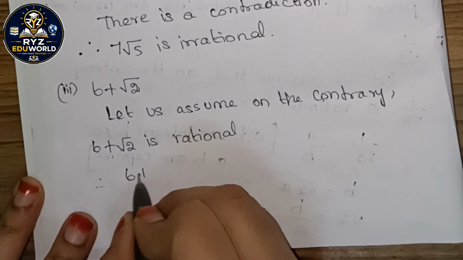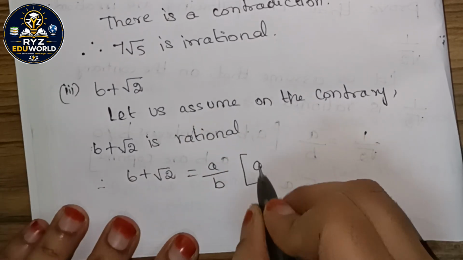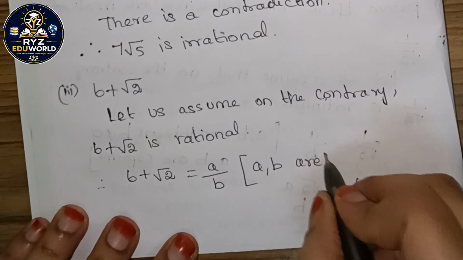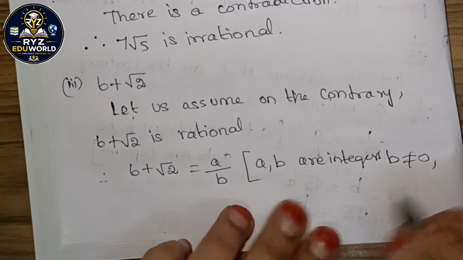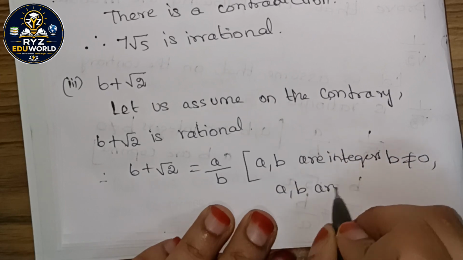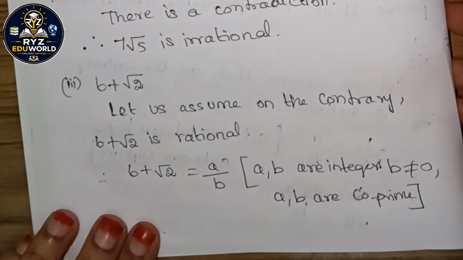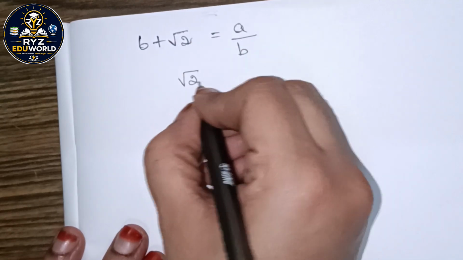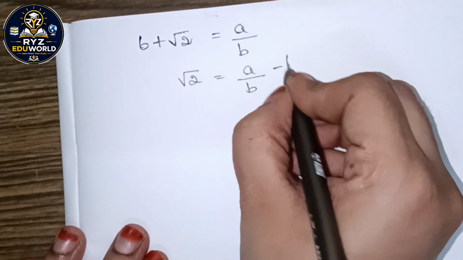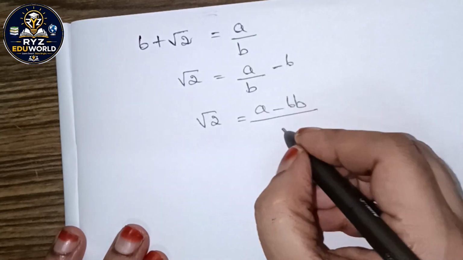Therefore 6 plus √2 is equal to a divided by b, a, b are integers, b not equal to 0 and a, b are co-prime. 6 plus √2 is equal to a divided by b. √2 is equal to a by b minus 6. √2 is equal to a minus 6b by b.